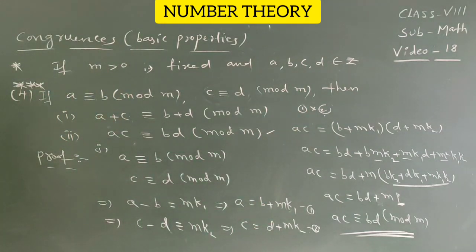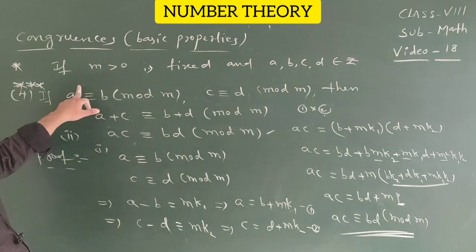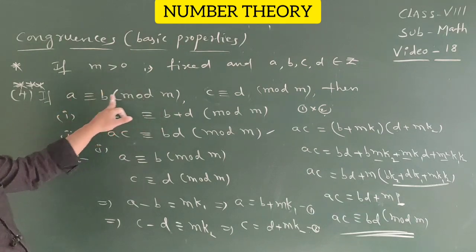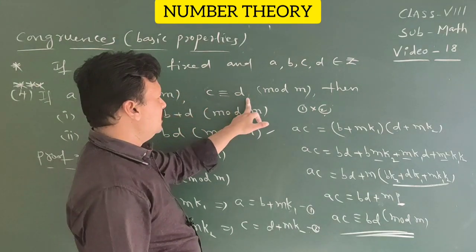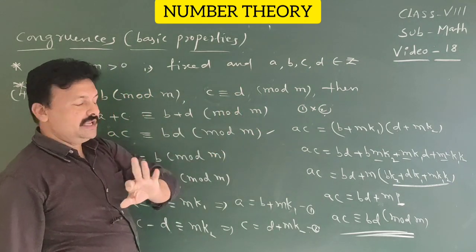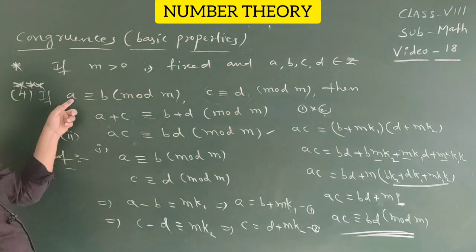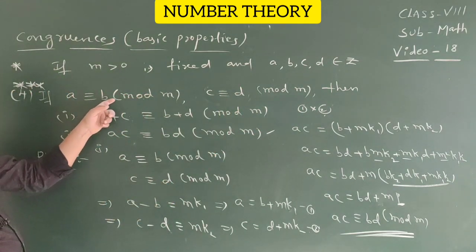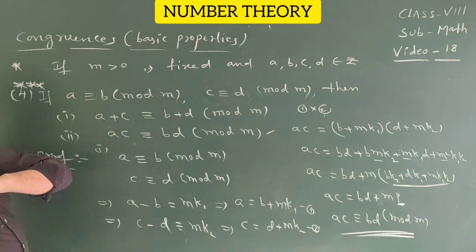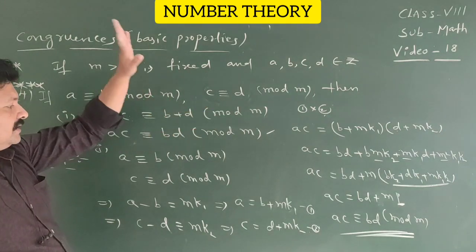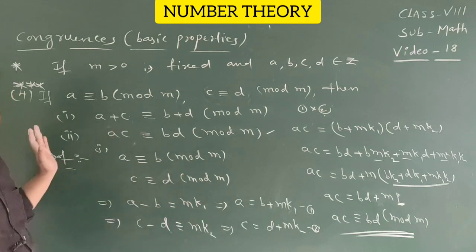Okay, AC congruent to BD mod M. But don't confuse here. Here they gave A congruent to B, M divides A minus B. Here C congruent to D, M divides C minus D. So A minus B equals a multiple of M, and C minus D equals a multiple of M only. Here k1, k2 are integers.